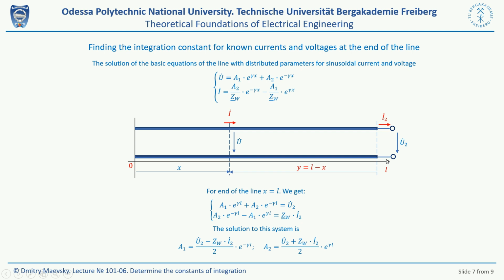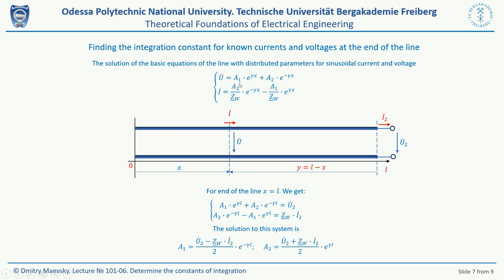Let's consider this case. Let the voltage at the end of the line U2 and the current I2 be known, as shown in this figure. The basic system of line equations remains unchanged.